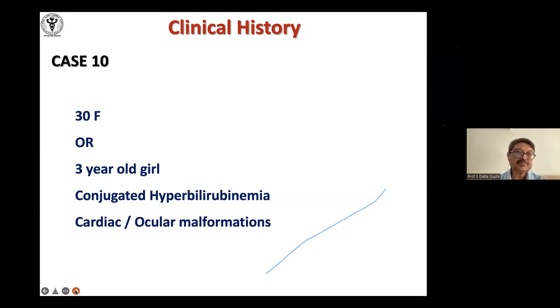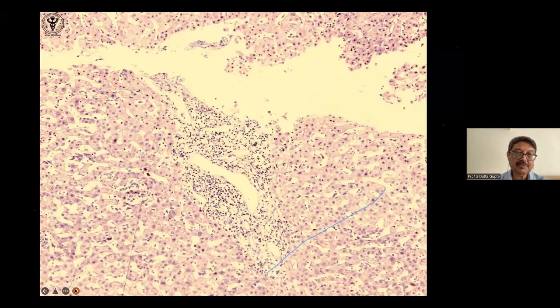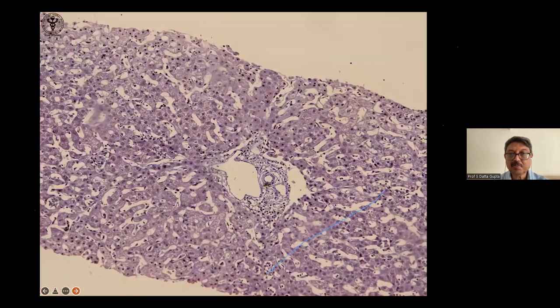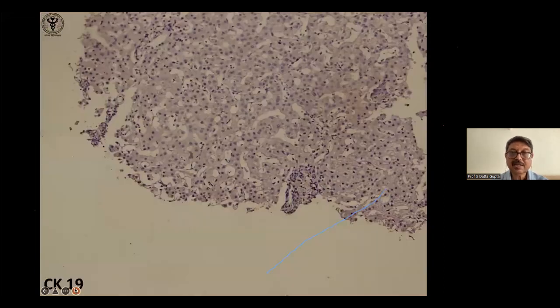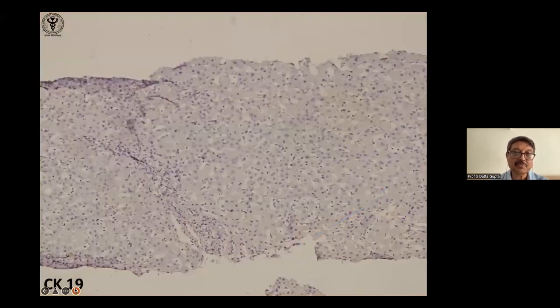So this is a 3-year-old girl with congenital hyperbilirubinemia and ocular and pulmonary changes. What you're finding are portal tracts with portal veins, arteries, no bile ducts, right? And if you search all of them, there are no bile ducts.